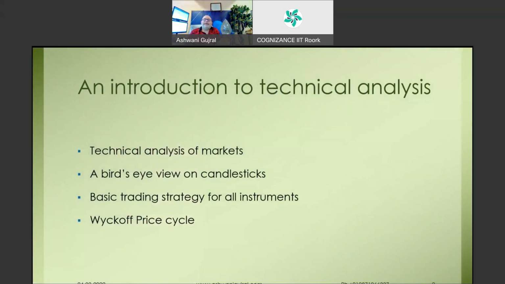Now, what is technical analysis? In terms of this presentation, the way it is organized, first we'll discuss what is technical analysis of the markets. Second, I would give you a bird's eye view on candlesticks, the most basic unit of a chart and what we do.